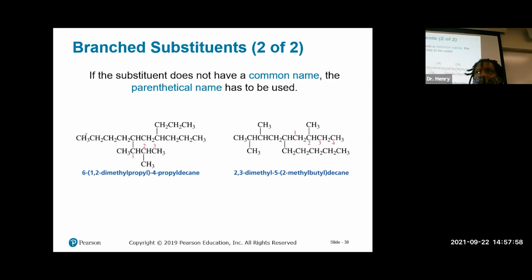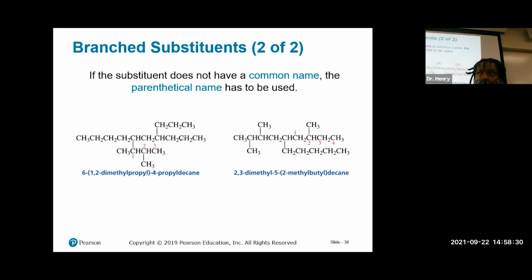Okay, so this guy is decane, so we want to go the longest chain, which is 1, 2, 3, 4, 5, 6, 7, 8, 9, 10. So we could either go this way where we have 1, 2, 3, 4, 5, 6, or we can go 1, 2, 3, 4.